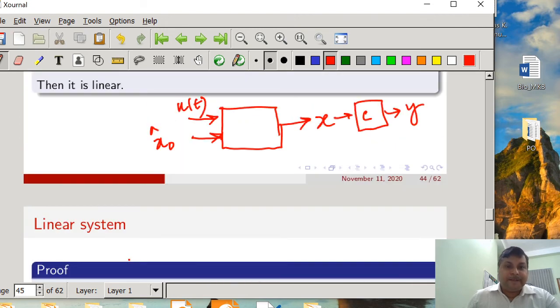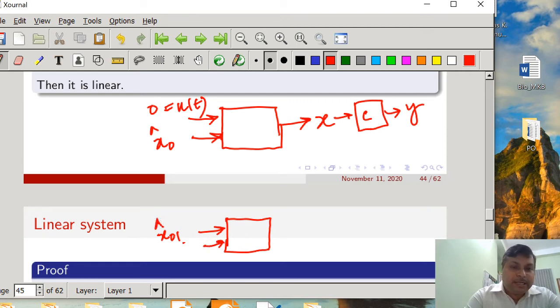Here you see we have two inputs. First, we will excite the system assuming u(t) is equal to 0, so one of the inputs is 0, and we give the inputs in terms of initial conditions, x01 hat and x02 hat.